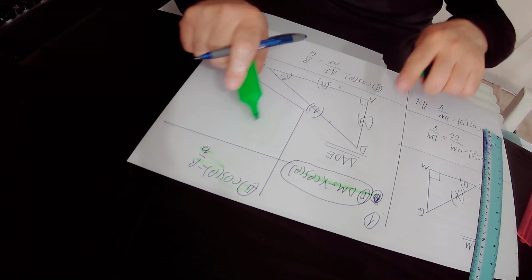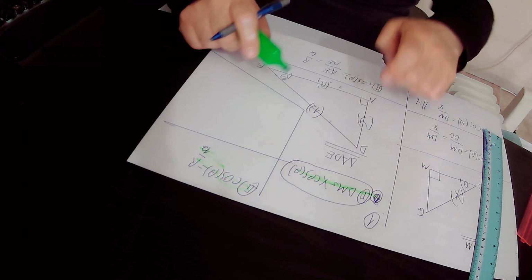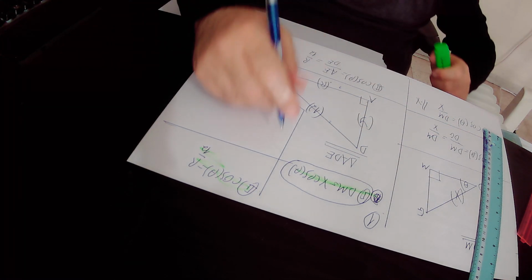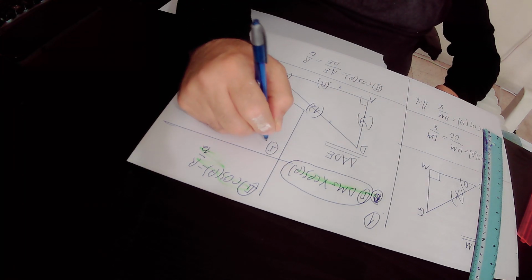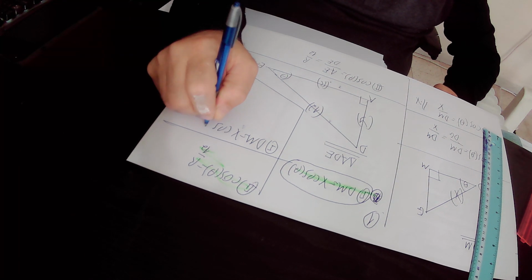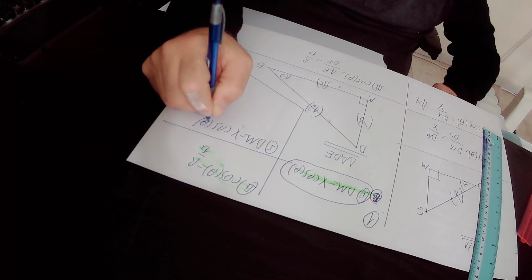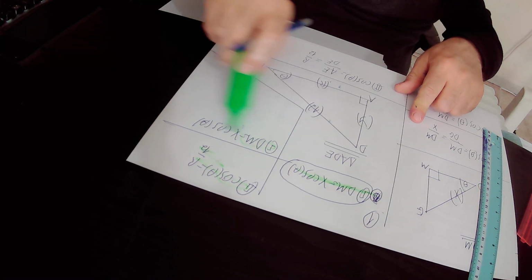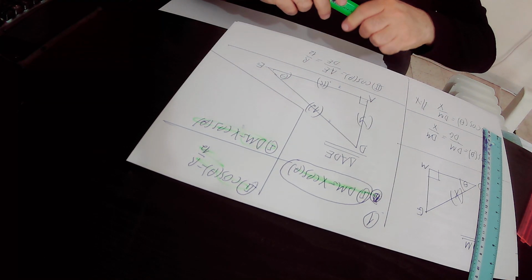Well, according to equation 1, we have already found that DM equals x times cosine theta. So we have here two equations.